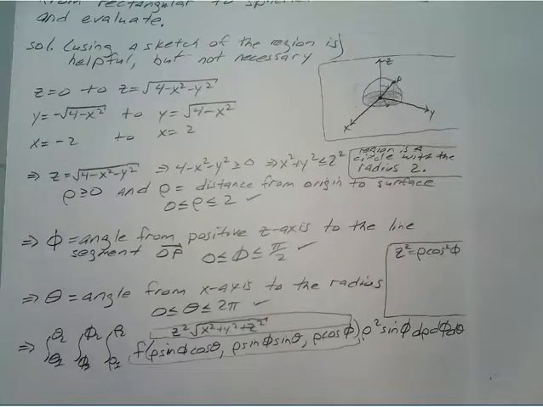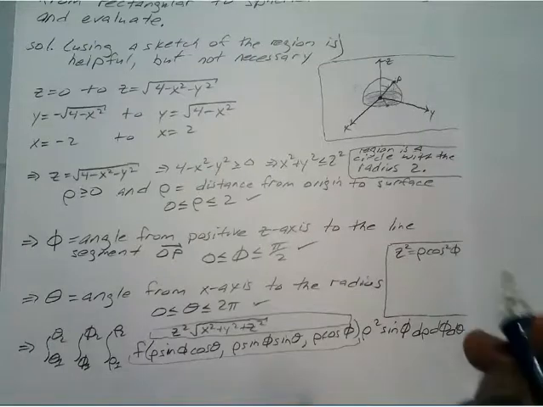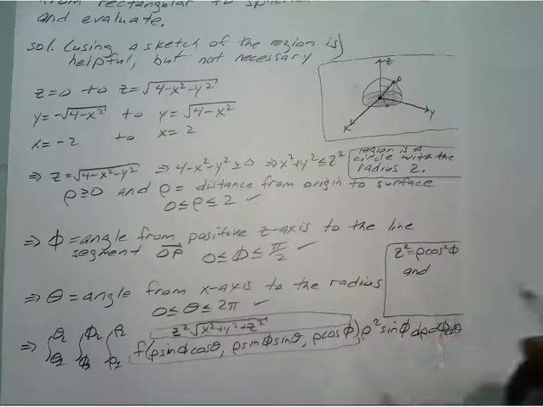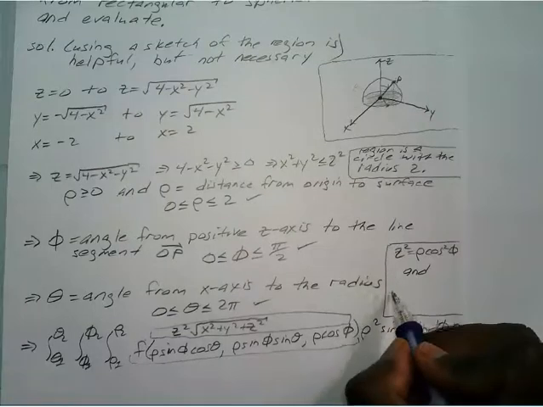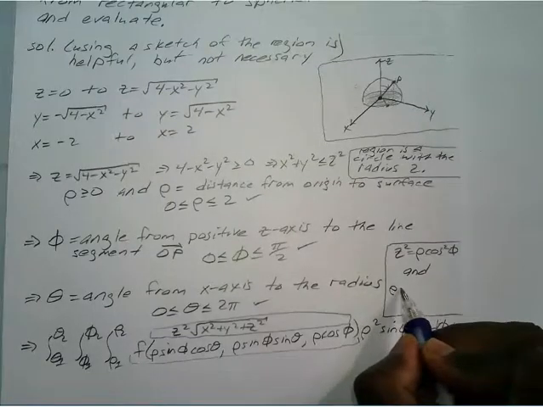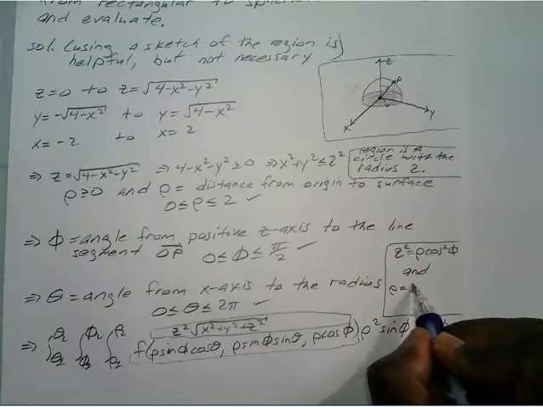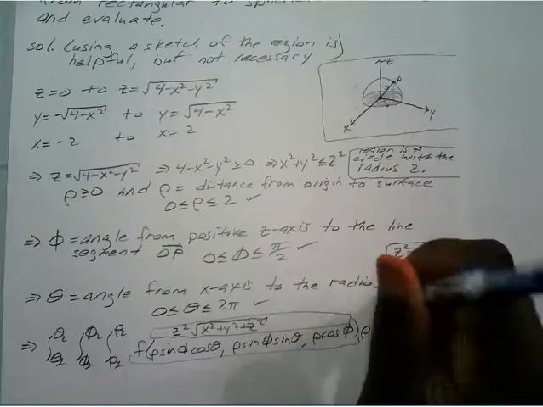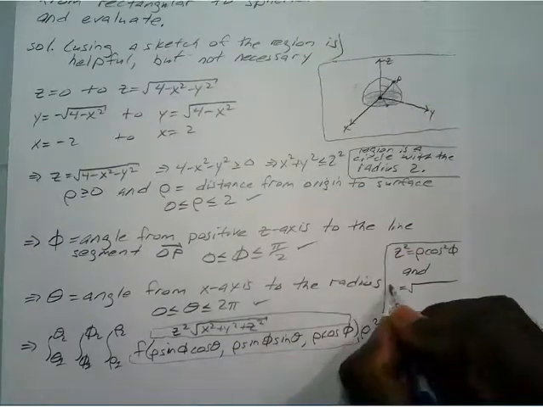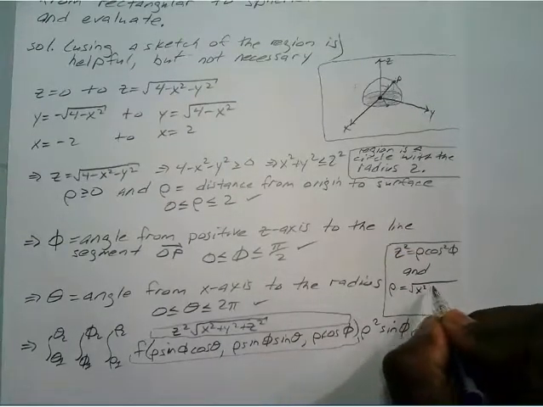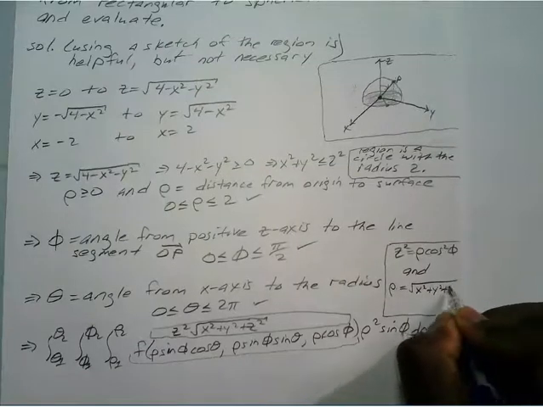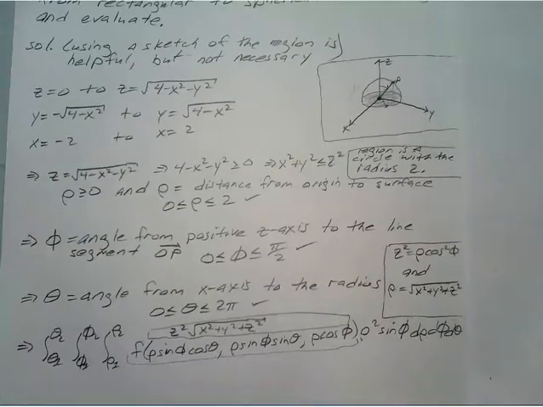We also know that rho squared is equal to x squared plus y squared plus z squared. But if we square root both sides, we know that rho is equal to the square root of x squared plus y squared plus z squared.